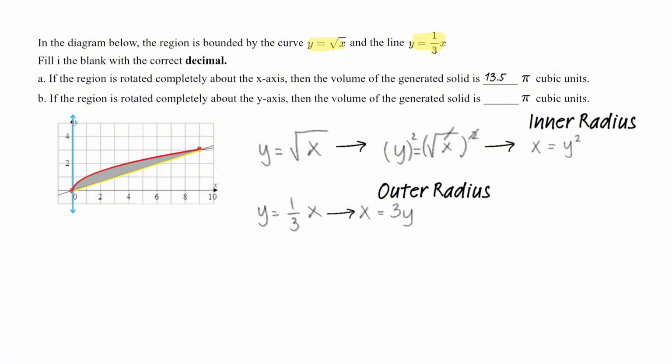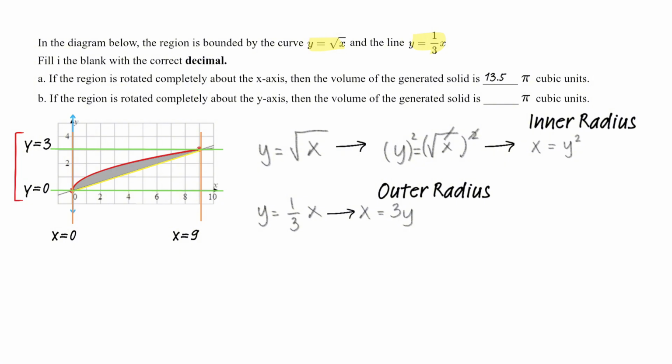In addition to rewriting our functions, we also have new limits. In the previous step, when we set the equations equal to each other, our stationary points were x equals 0 and x equals 9. We also found that when x equals 9, y is equal to 3. Therefore, our new limits for the y-axis are y equals 0 to y equals 3.